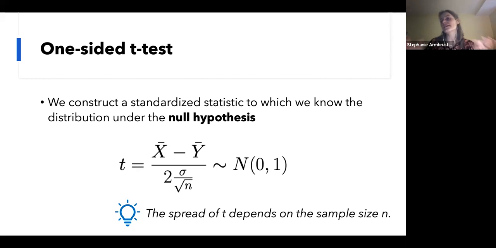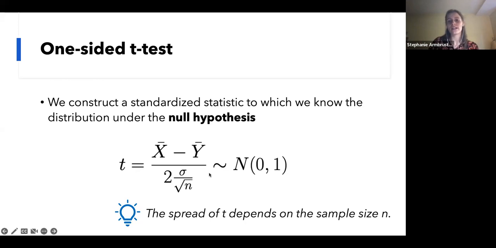Based on that and our assumptions about the normal distribution of our measurements, if I construct this t, which measures the difference between the average blood pressure in the placebo and the statin-treated groups, and divide that by 2 times the square root of sigma squared, the standard deviation, which we'll touch on later, divided by the square root of n, we get a statistic that is normally distributed.